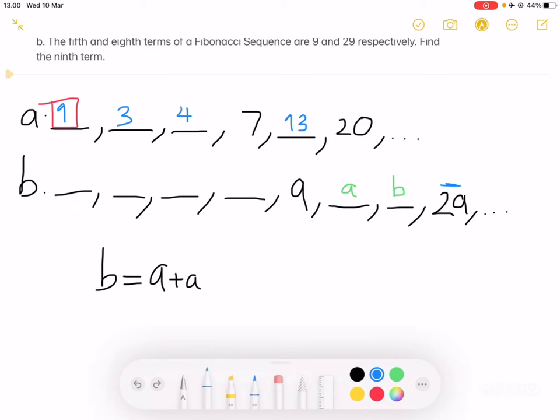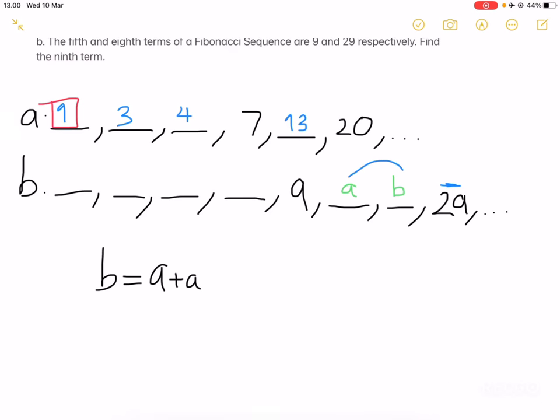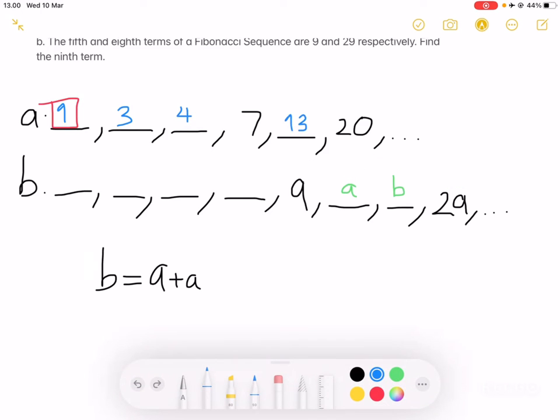Likewise, to get 29, you add a and b. So that is also another equation to consider, which is here. I'll name this equation 1, and this equation 2.